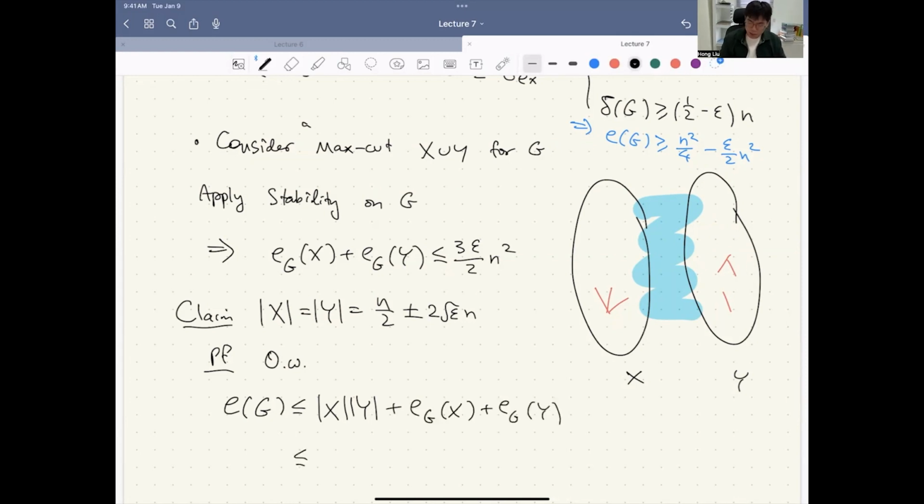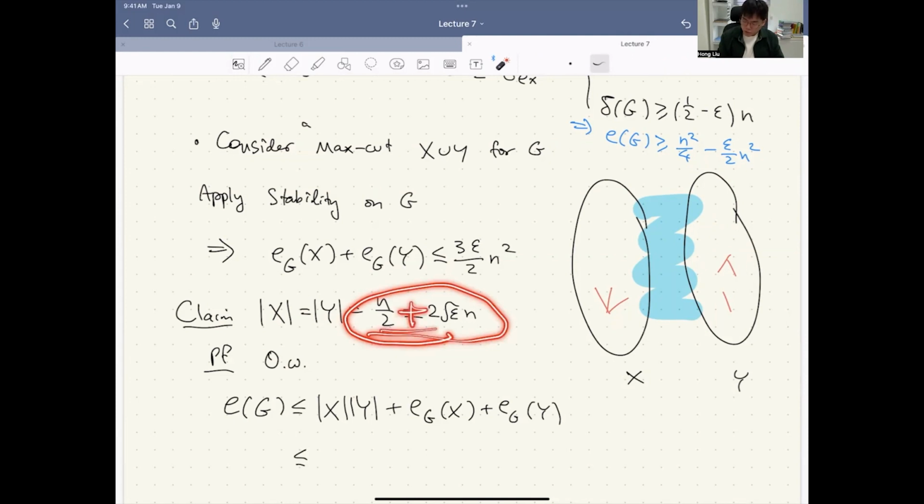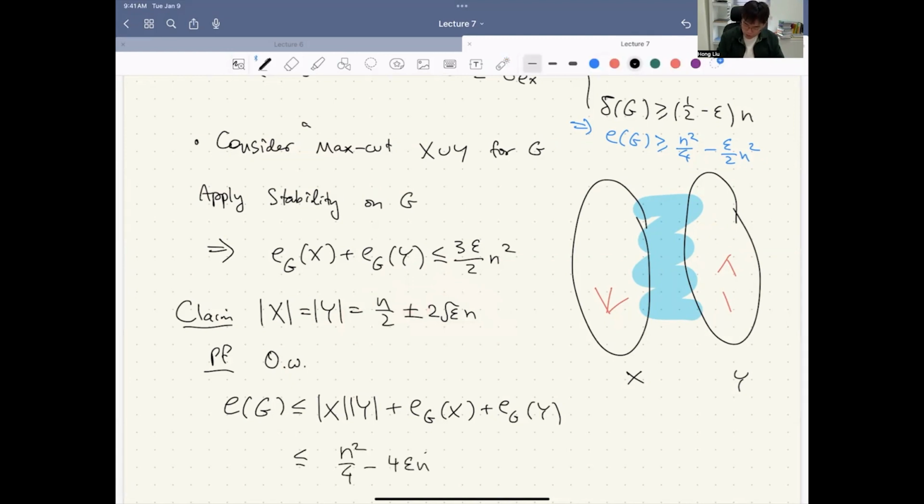So if the sizes fall out of this range, the cross edges are at most this plus that times this minus that, which is n squared over 4 minus 4 epsilon n squared, plus the inner edges, which are at most this many.